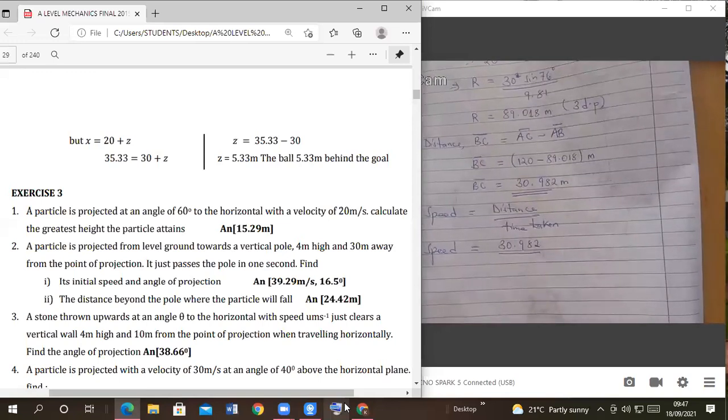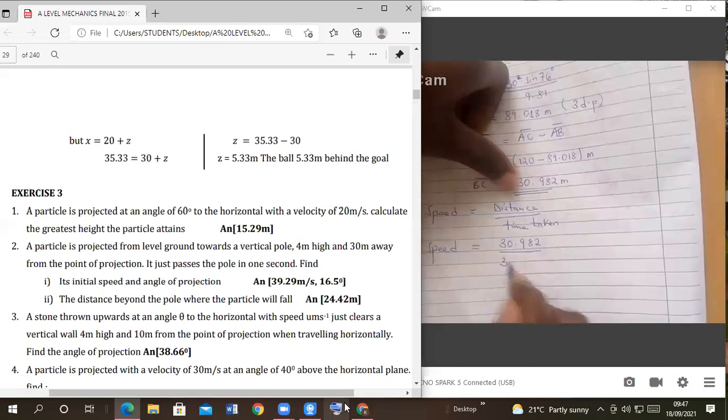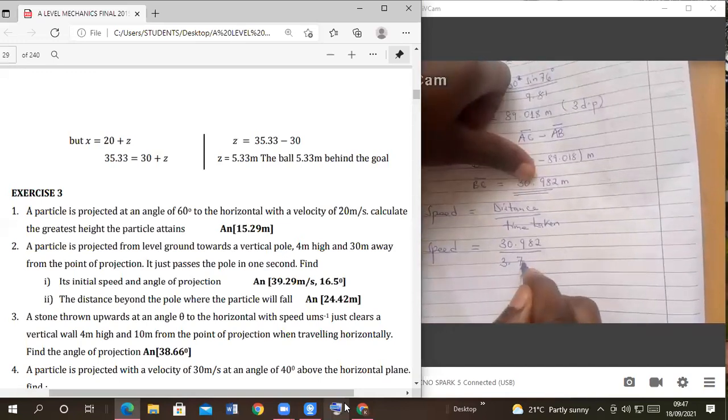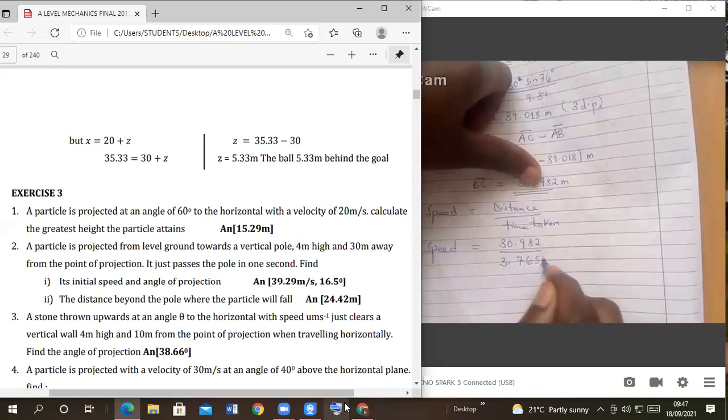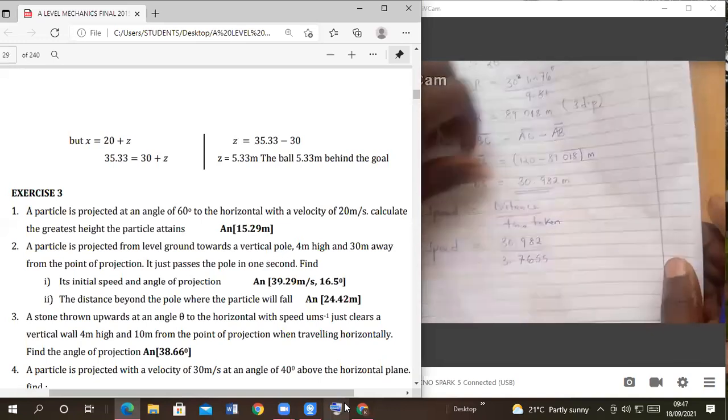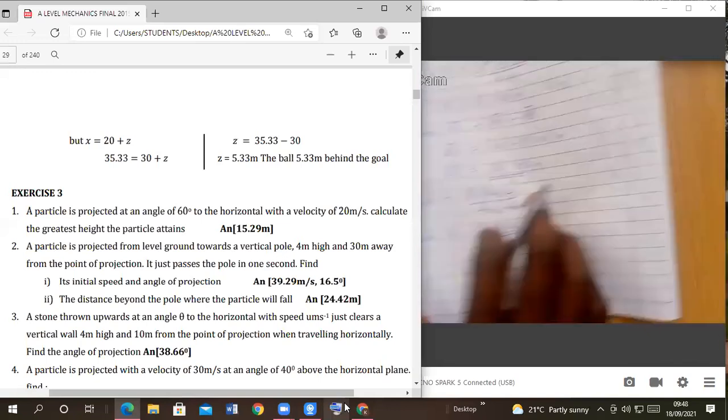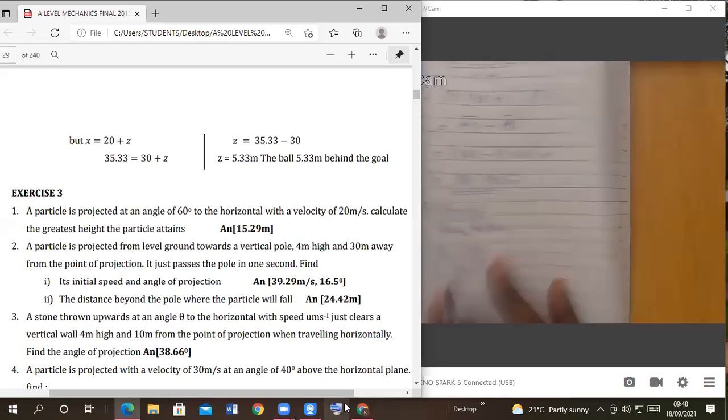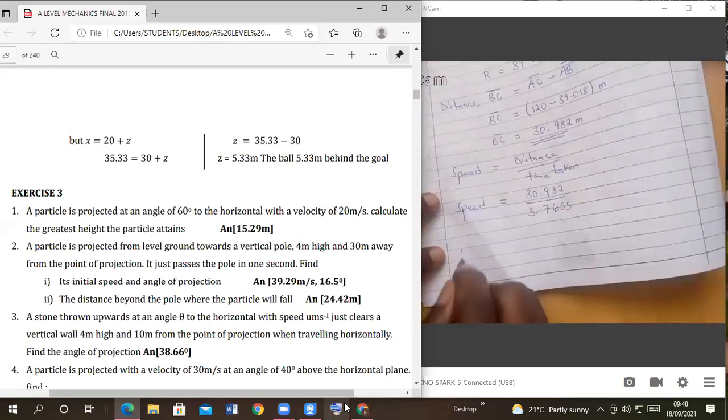Our time of flight was 3.7655 seconds. Let me check. Good, that's the one.